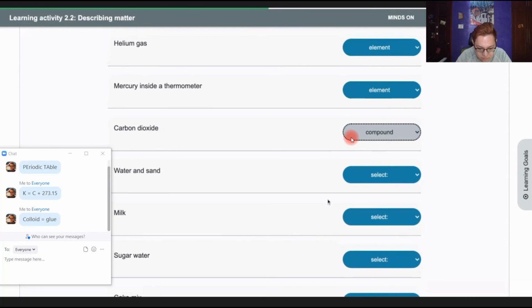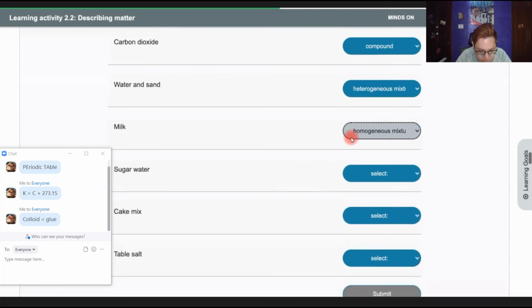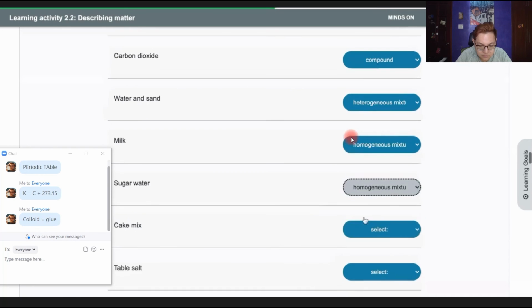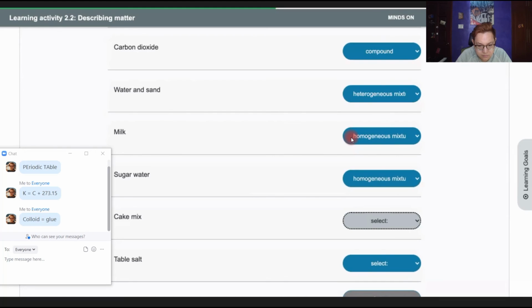Water and sand. Milk is a homogeneous mixture. Sugar water. Cake mix. Table salt.